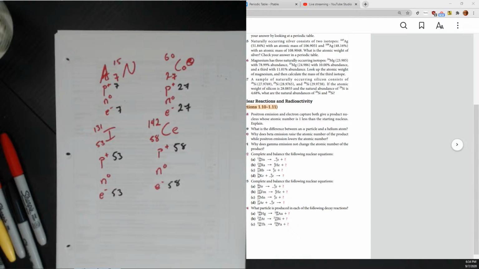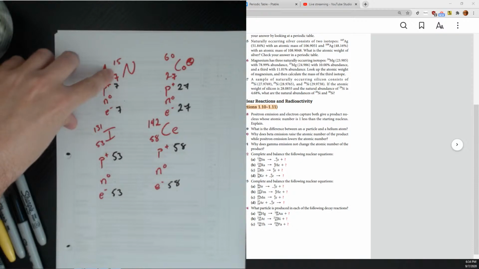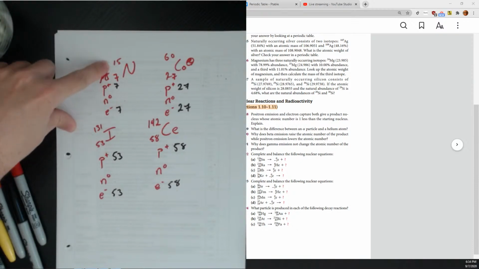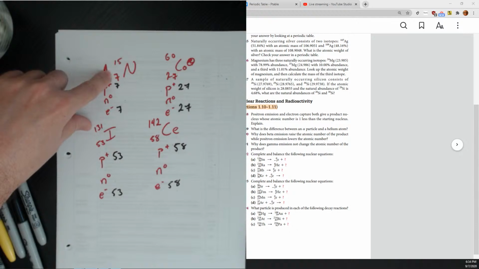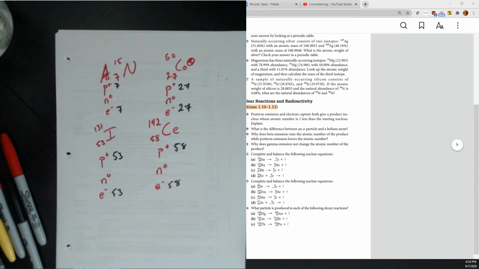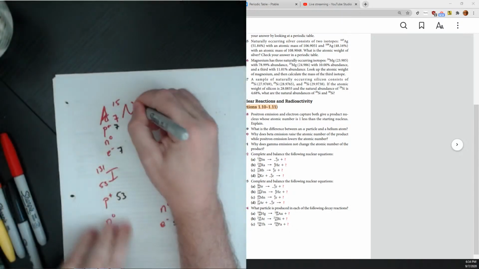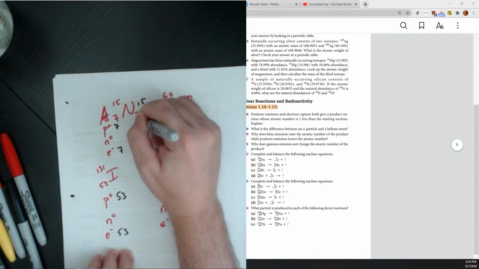Now, a little bit more complicated is the number of neutrons. So this is the number of protons by itself. The number in the upper left is the mass number, the number of protons plus the number of neutrons. So to get the number of neutrons, it's this one minus this one. Okay. So for the nitrogen, 15 minus 7 is 8.